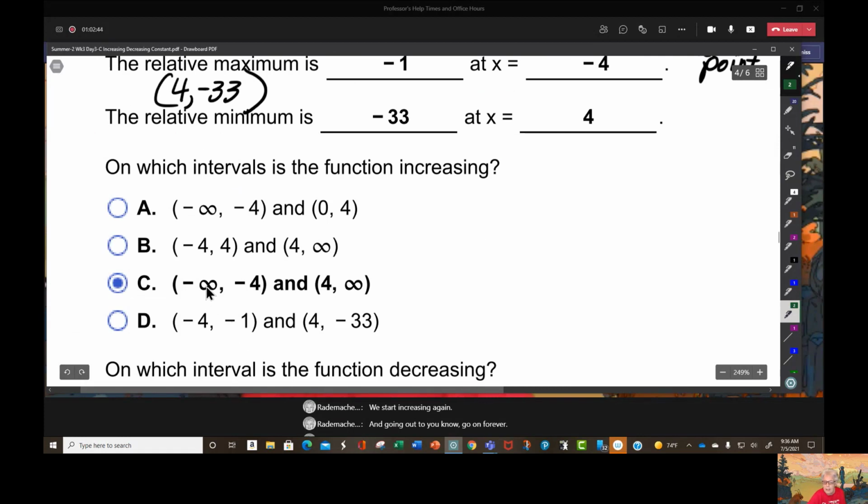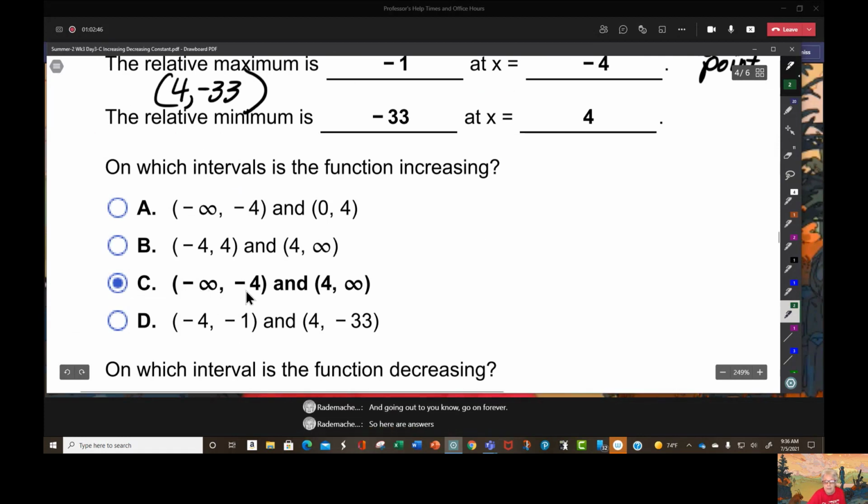So here are our answers: negative infinity to -4 with parentheses, and 4 to infinity.